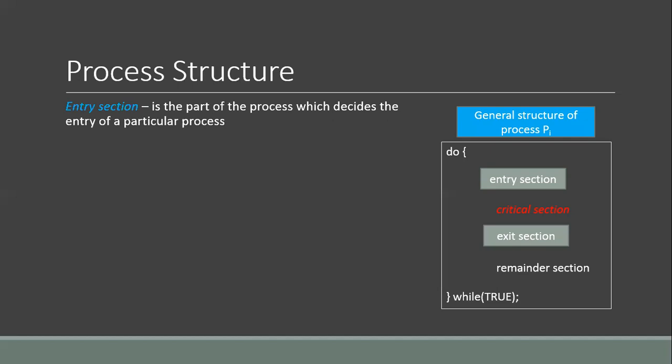The entry section has the code that ensures that only one process is executing in its critical section. This entry code decides whether this process should be allowed to enter its critical section or not.